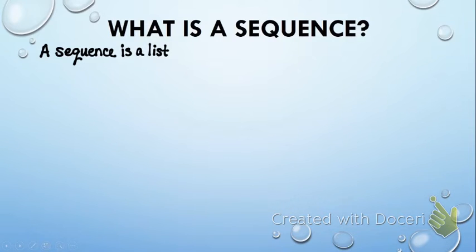A sequence is a list of things. These things are usually numbers that are in order.